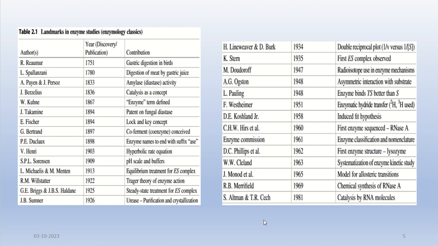Then the first amylase digestive activity: with amylase, starch is degraded, amylose and amylopectin. Amylase activity was described in 1833.